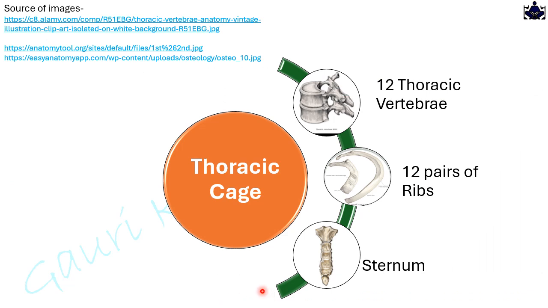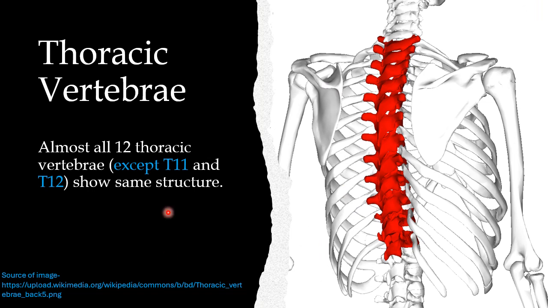Let's understand the structure of the thoracic cage or rib cage. It consists of 12 thoracic vertebrae, 12 pairs of ribs and one chest bone, that is the sternum. So, the first one, thoracic vertebrae.